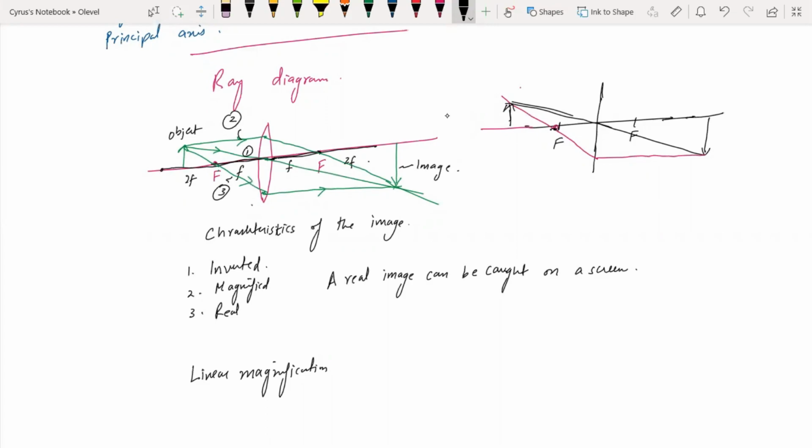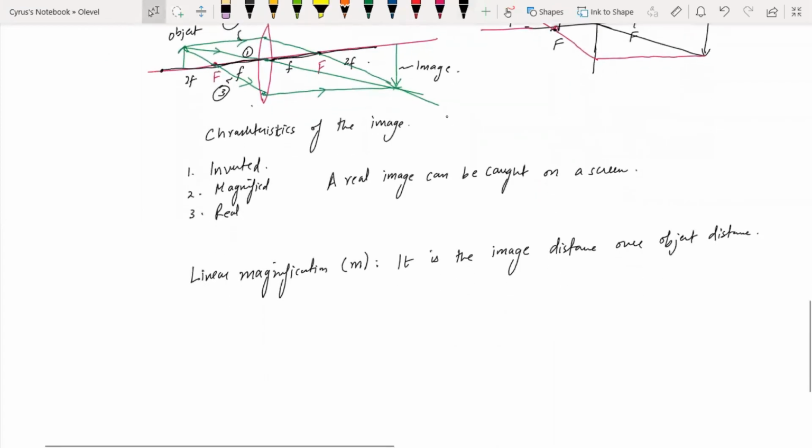We'll see that, right? Linear magnification is given by, we write it as small m, and it is the image distance over object distance, and you can write the formula here.